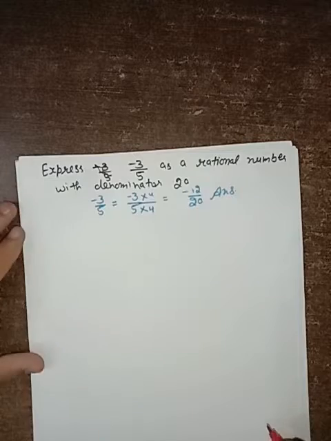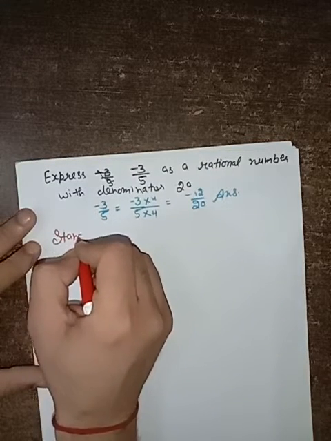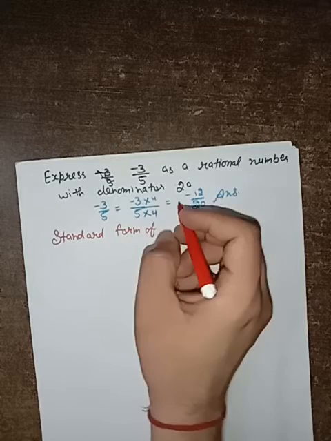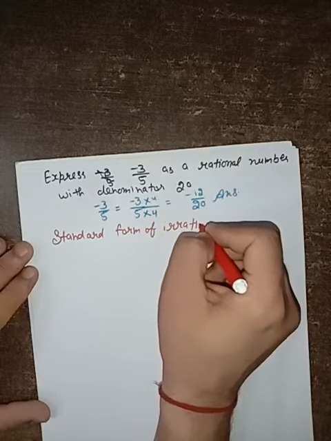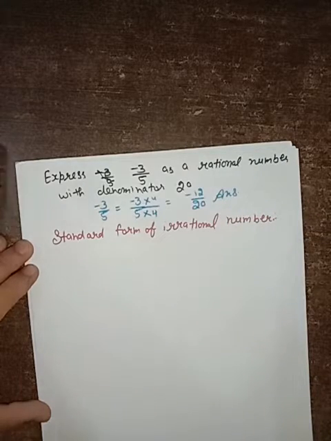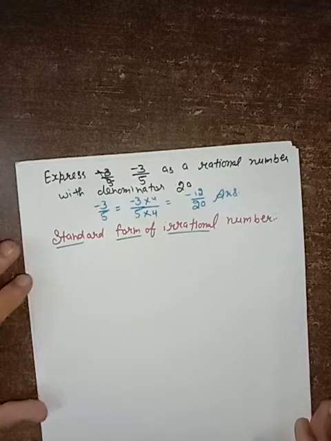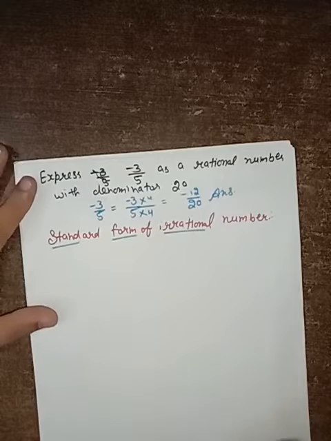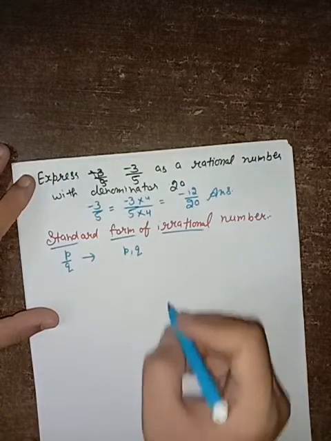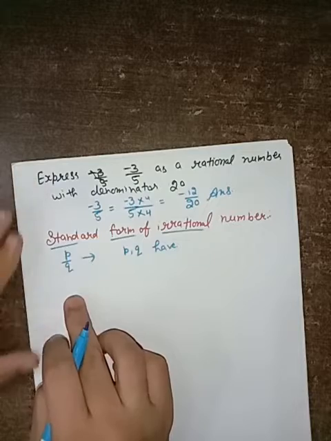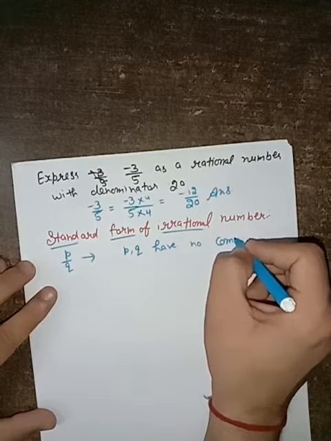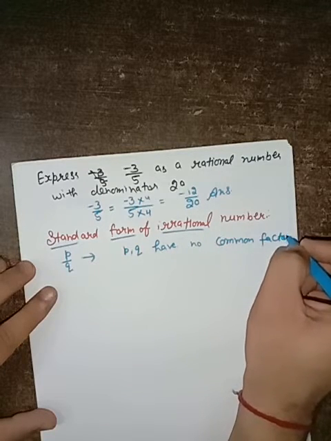Now, what is standard form? Standard form of a rational number. Students, every rational number can be represented in a standard form. p by q is a standard form if p and q have no common factor other than 1.